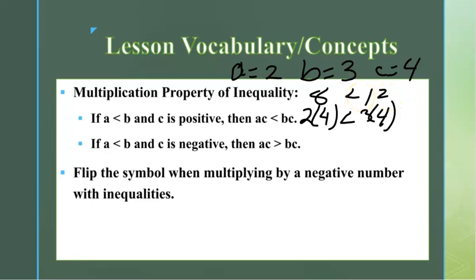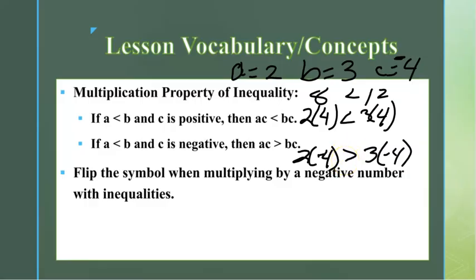But if A is less than B and C is negative, then AC is going to be greater than BC. So now they're saying if C is negative 4. That means if I use those same numbers, so if I have 2 times negative 4, and then I have 3 times negative 4, it's now going to be flipped.